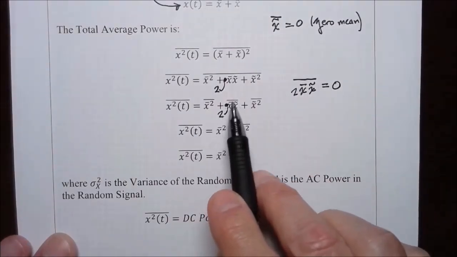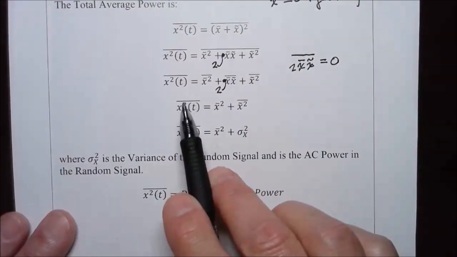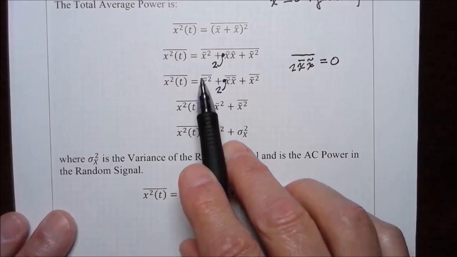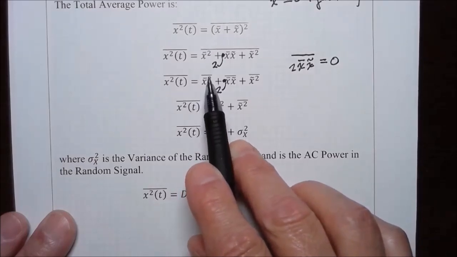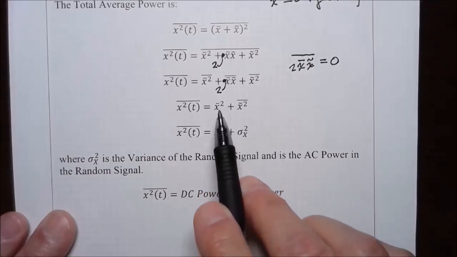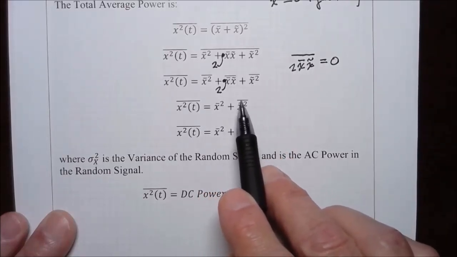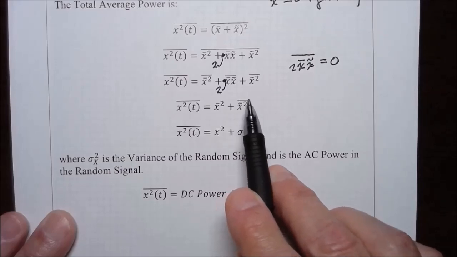So this cross term goes to 0, and what's left is the total power is equal to x bar squared time averaged. That's simply a constant, x bar squared, which is the DC power, plus x with the squiggle, the AC portion, squared and time averaged.